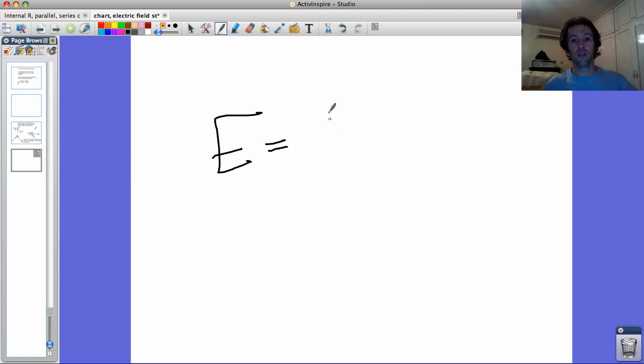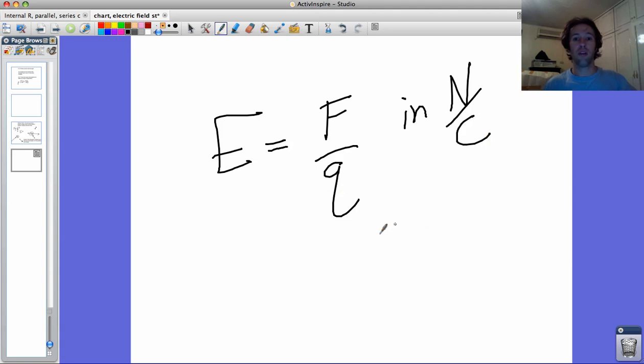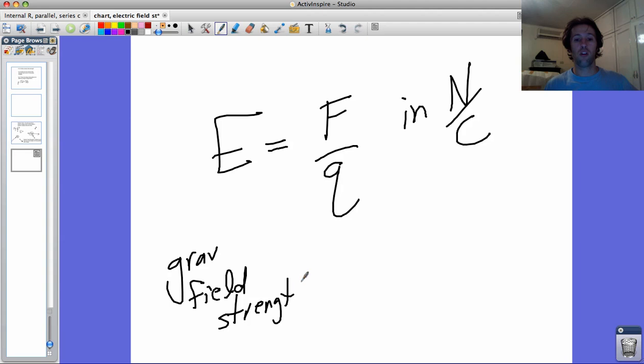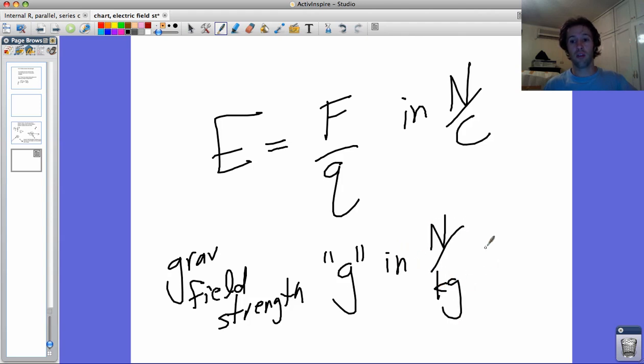Electrical field strength is the force per unit charge felt by a test charge, and that's going to be in the units of newtons per coulomb. This is very similar to gravitational field strength, which you might know as g, which is measured in not newtons per coulomb, but newtons per kilogram, or meters per second squared.